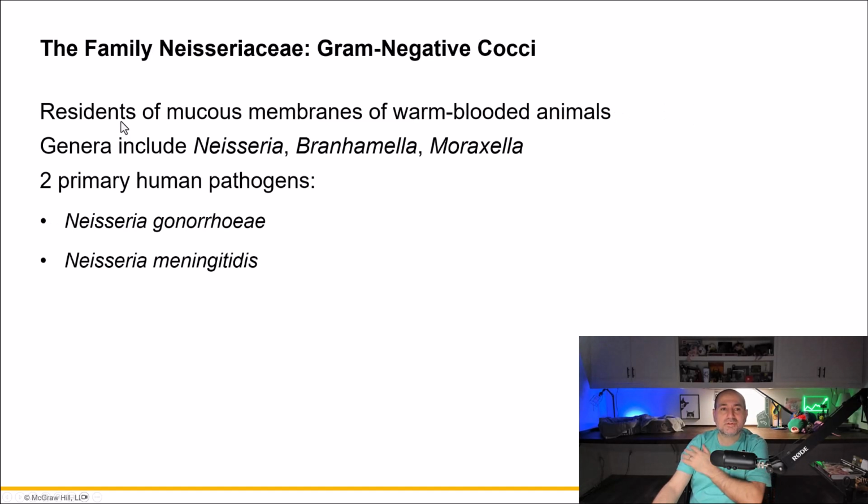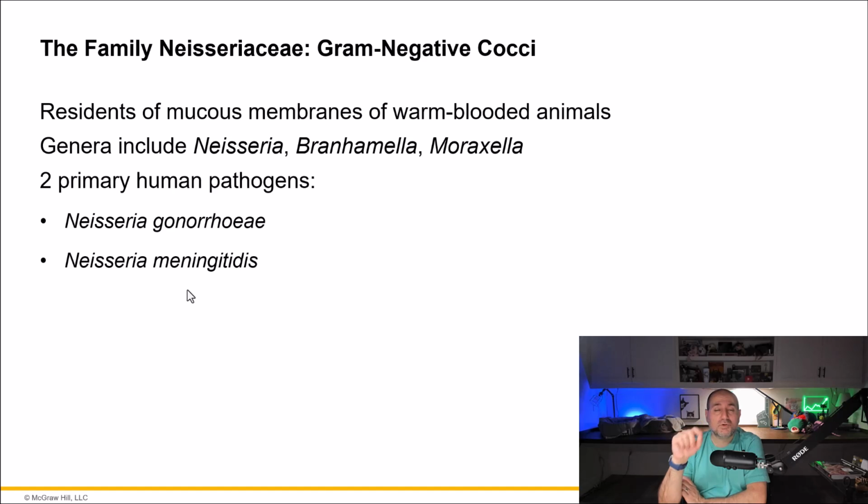And then do you remember the family Neisseria? We talked about Neisseria. So you should know about Neisseria gonorrhoeae. That is the bacteria that causes gonorrhea. And Neisseria meningitidis, the bacteria most associated with meningitis. But I want you to know this.